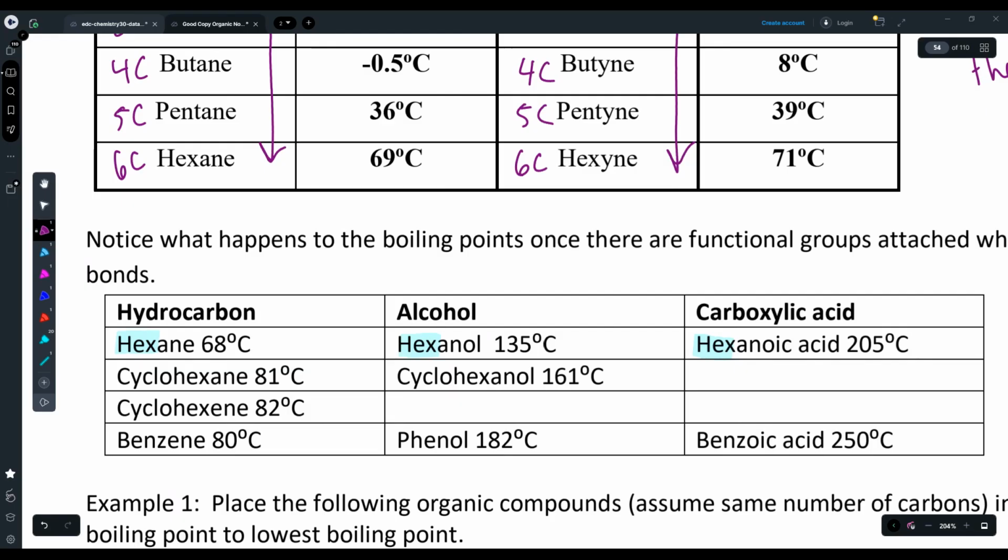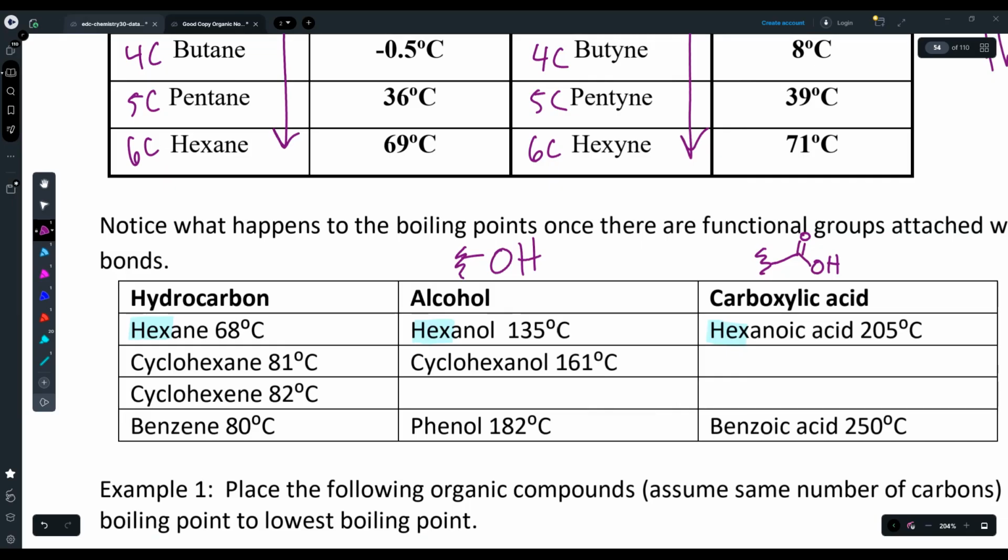Hydrocarbons in this table are either alkanes or alkenes. With alcohols, the functional group is the hydroxyl. The squiggly line just means some sort of carbon chain is attached to the hydroxyl, or OH group. And with carboxylic acids, the functional group is this, the COOH functional group.